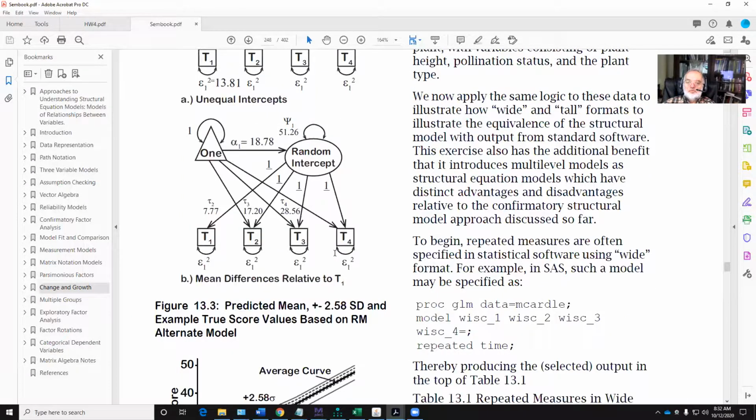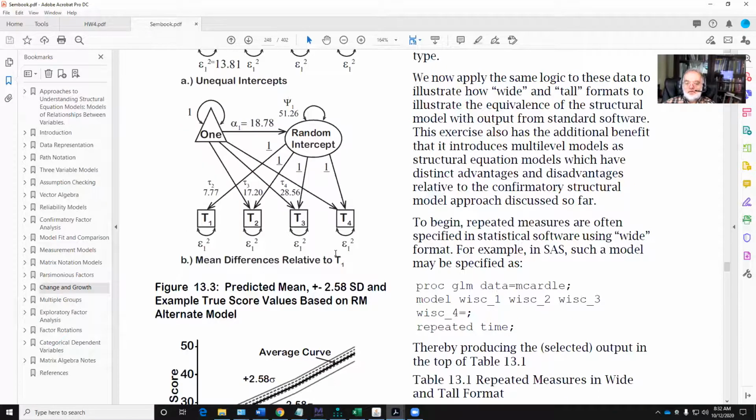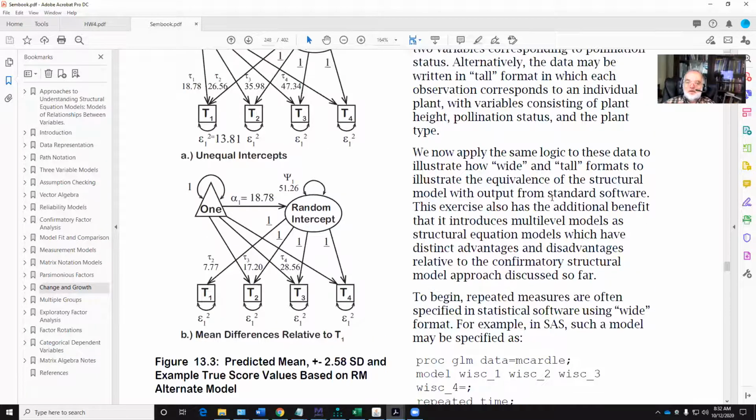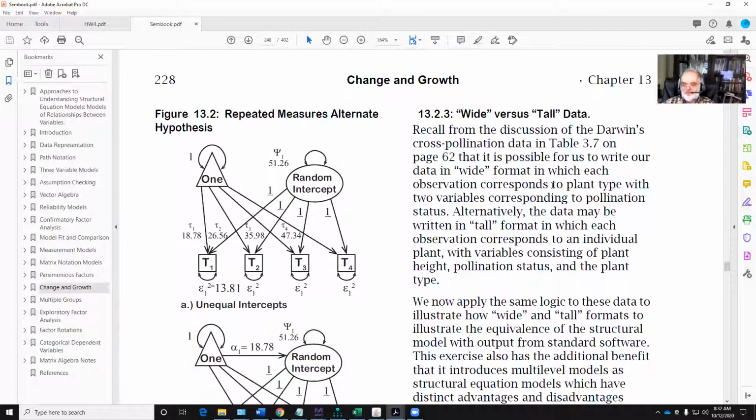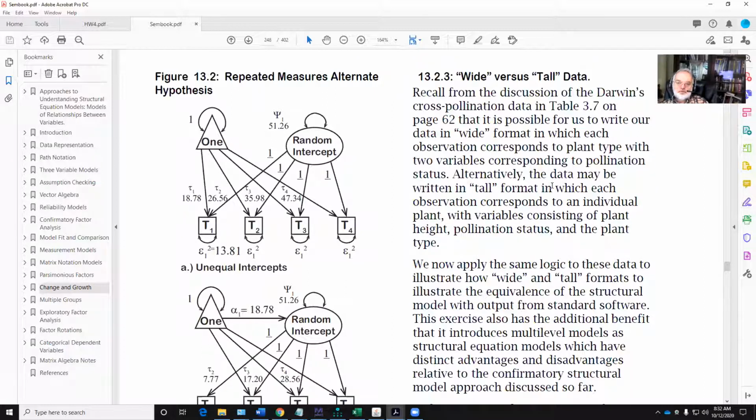If you are playing with these data in analysis of variance software, there are two ways to think about your data, and it's a good idea to take a moment and think about this: either in wide format or in tall format. What we've been doing here is analyzing our data in wide format.